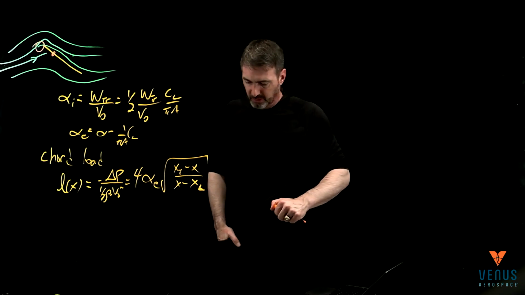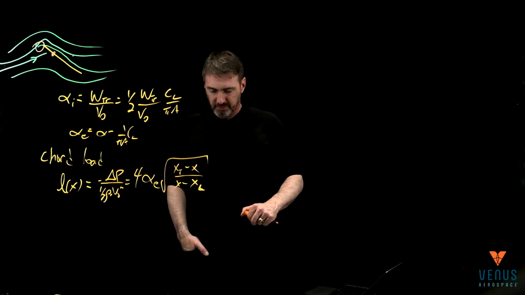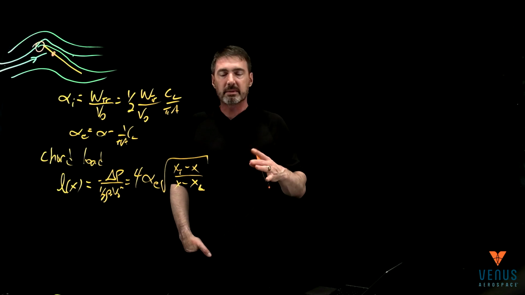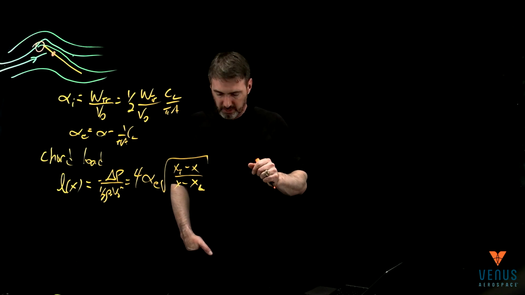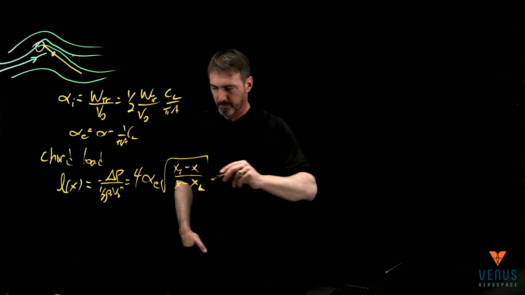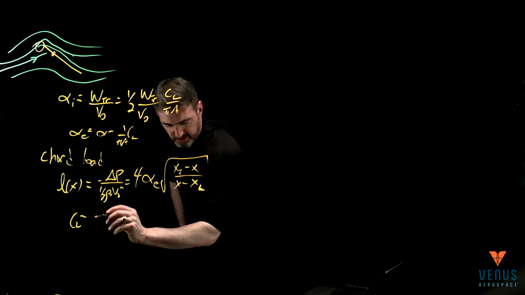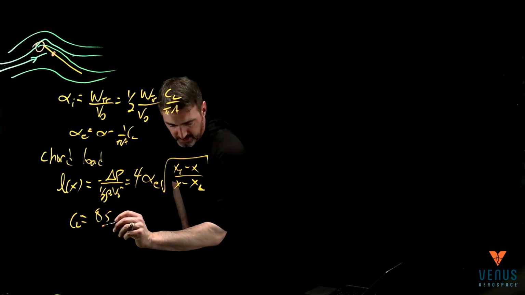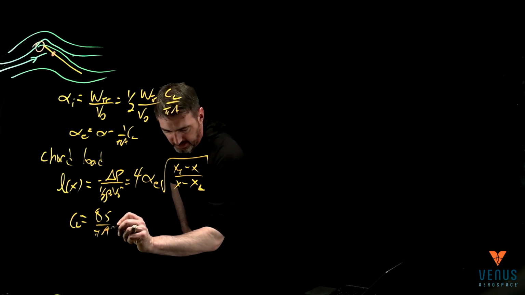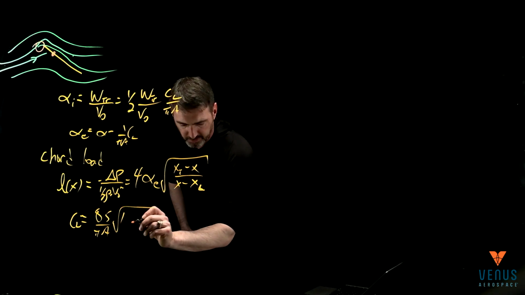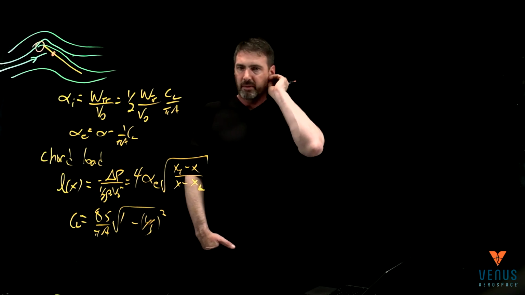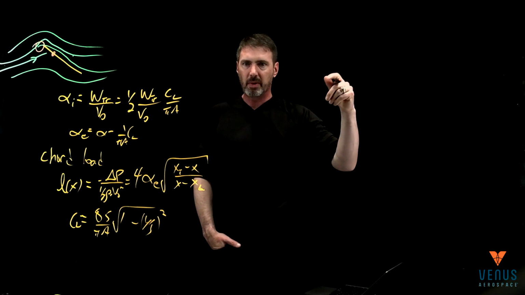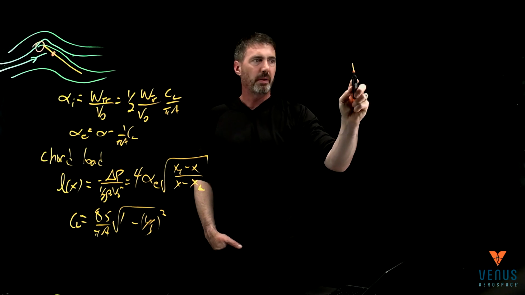You can also show how it's elliptic, that the minimum drag condition would be when this is elliptic. CL would be 8 times the span over pi a, and then the square root of 1 minus y over s. Some pretty cool things from this, and I'll now zoom out and write the big couple ones from this.